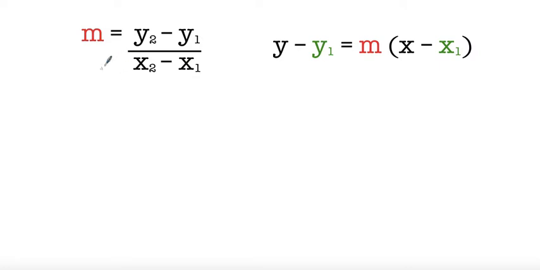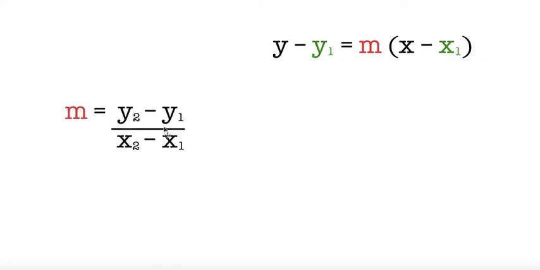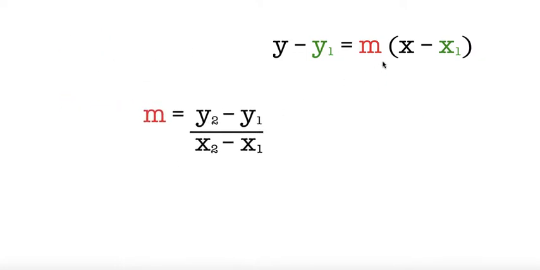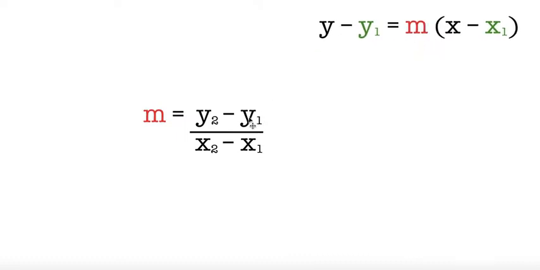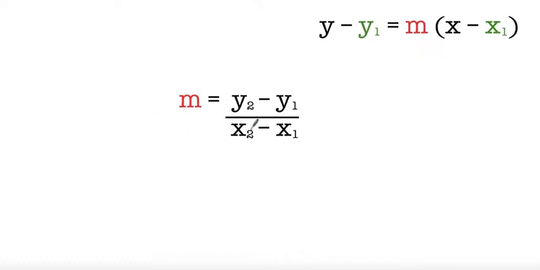So if we have the slope formula here and we have the point-slope form, we could see that they're very, very similar. If I wanted to move around some of our variables, since this is y sub 2 minus y sub 1 divided by x sub 2 minus x sub 1, if I multiply this, these would cancel out.